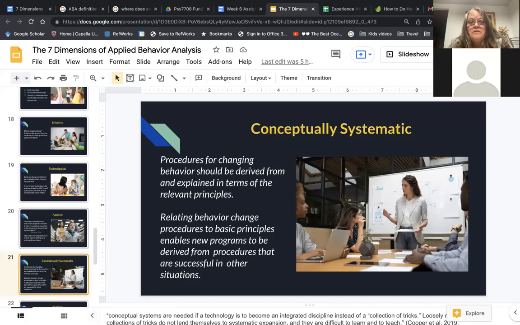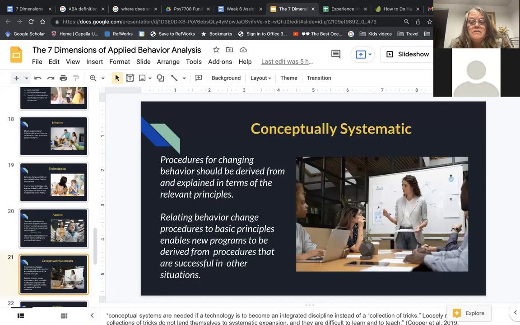So in experimental analysis of behavior, they've been able to identify behavioral principles such as, when a behavior is followed by a stimulus that occurs after the behavior and then the behavior increases, we call that a reinforcer.